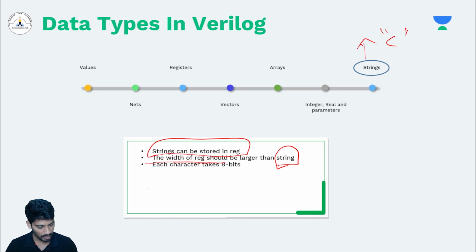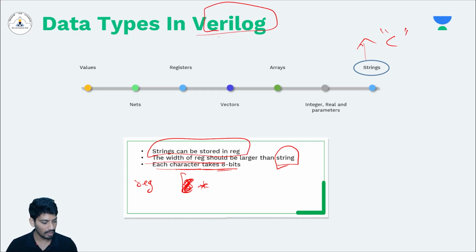So let's take an example. Register of, each character takes 8 bits, so I'm multiplying 8 by how many characters I want. Let's say I want to write a string of Verilog. I need at least 1, 2, 3, 4, 5, 6, 7, so just in case I'm assigning at least 9 characters down to 1.